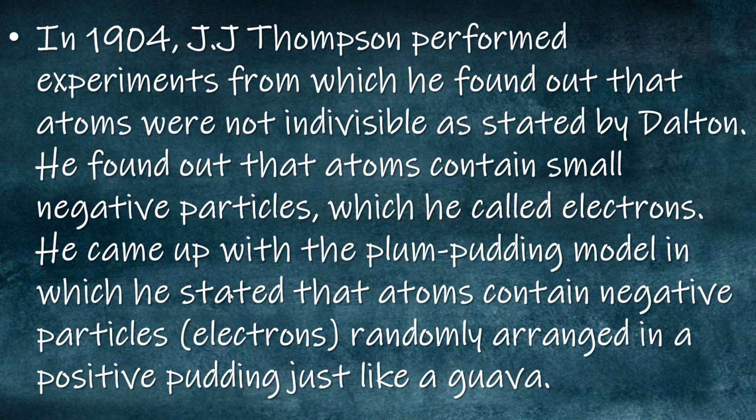The positive succulent part of the guava is analogous to the pudding, according to J.J. Thomson when he proposed the plum pudding model. Now if you look at a guava, I think I'll make some little drawing here.